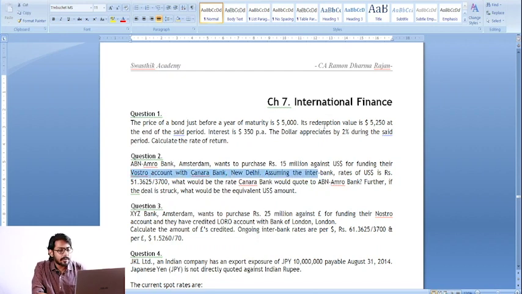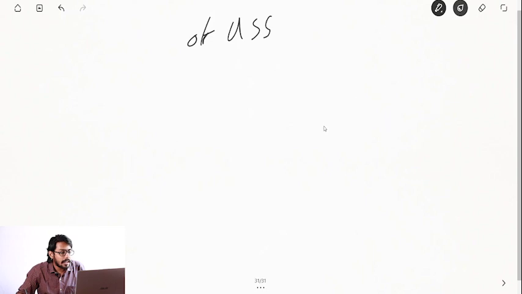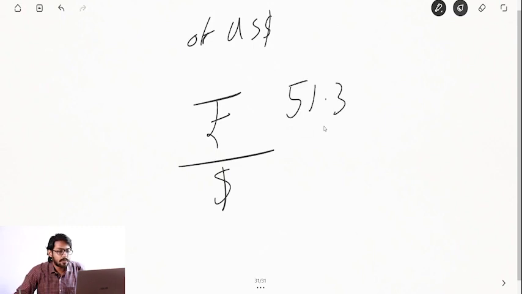Assuming the interbank rate of US dollar is rupees 51.3625 slash 3700. Read the sentence. The interbank rate of US dollar means US dollar is the base currency, is rupees 51.3625 slash 3700.